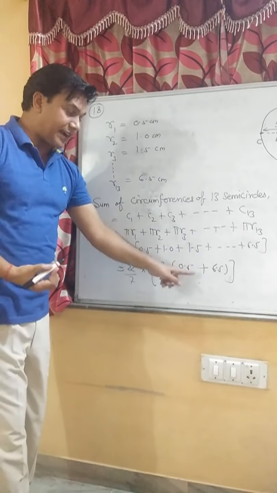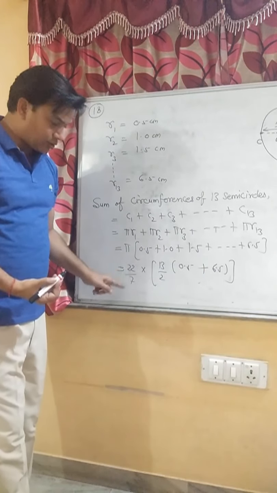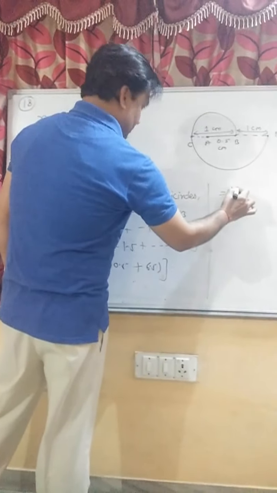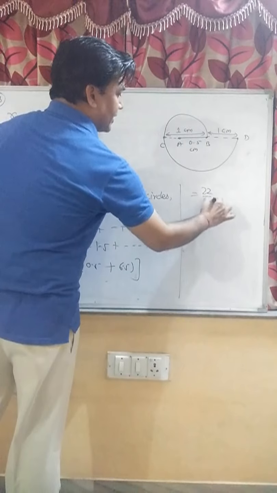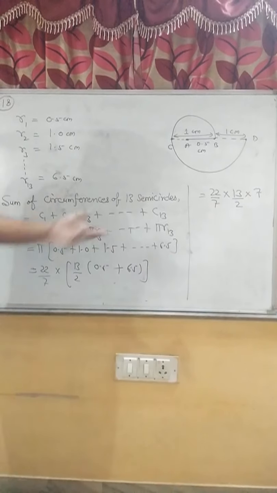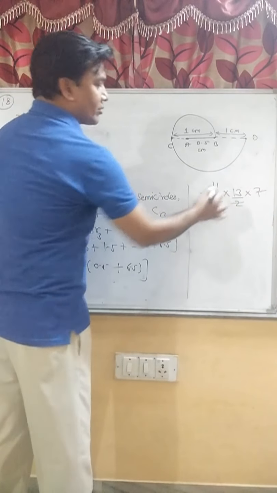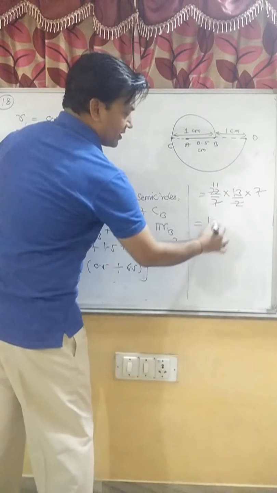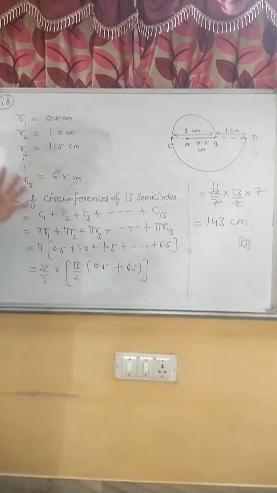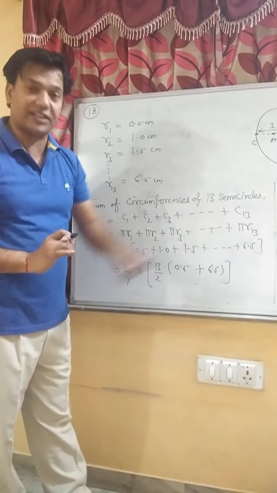Now 6.5 plus 0.5 is 7, into 13 by 2, into 22 by 7. So 22 by 7 into 13 by 2 into 7. Let's cancel: 7 cancels with 7, 2 cancels 22 to 11, and 13 times 11 is 143 centimeter. Answer: the total sum of the 13 semicircle circumferences is 143 centimeter.